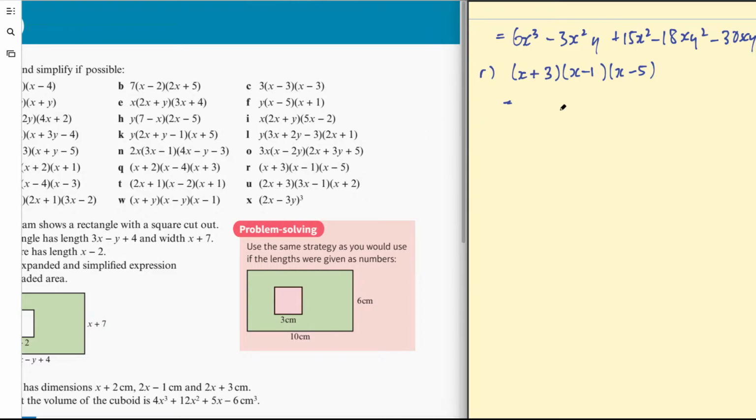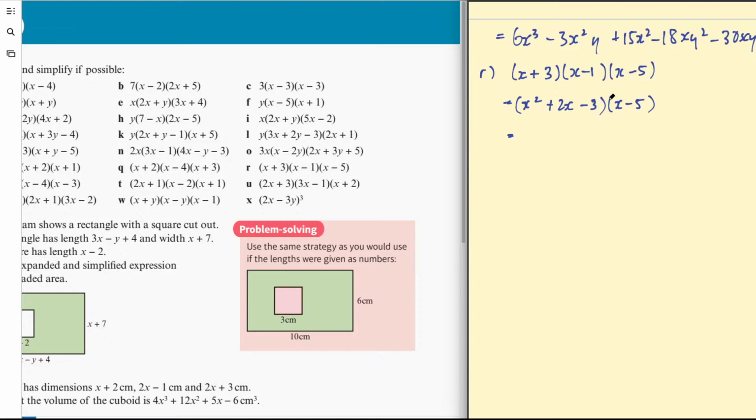So to expand 3 double brackets, firstly expand the first 2. So this would be x squared take x plus 3x. Actually, we can do that in one step. So negative x plus 3x is plus 2x. And then negative 3 on the end. Multiplied by x, take 5. The way they suggest to do it is to write it like this.